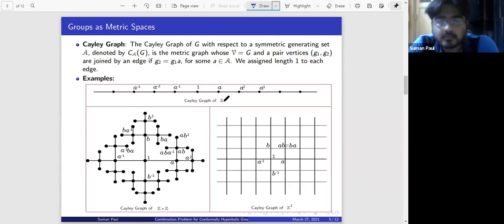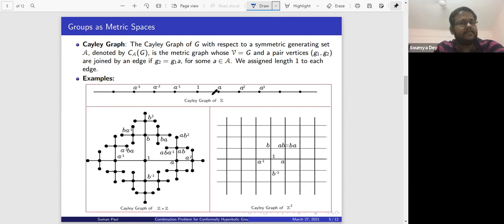So the Cayley graph of Z with respect to {A, A inverse}. As you can see, the vertices are the elements of Z: 1, A, A square, A cube, similarly A inverse, A to the power minus 2, like that.